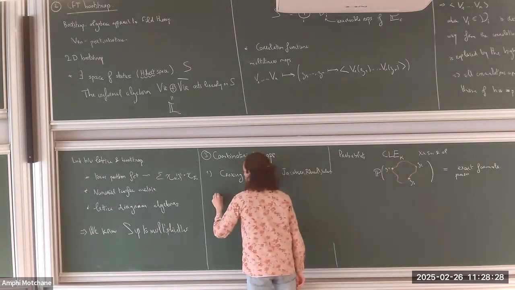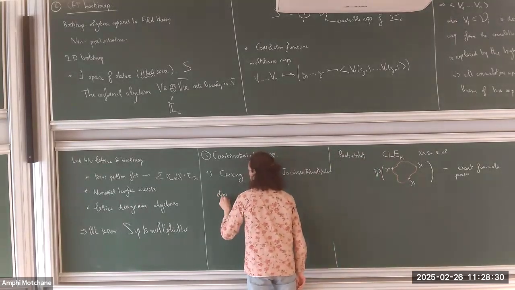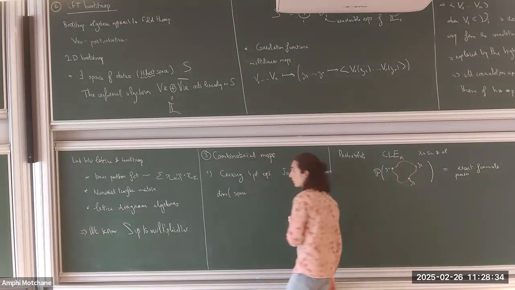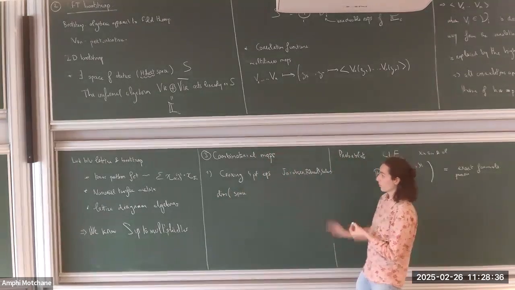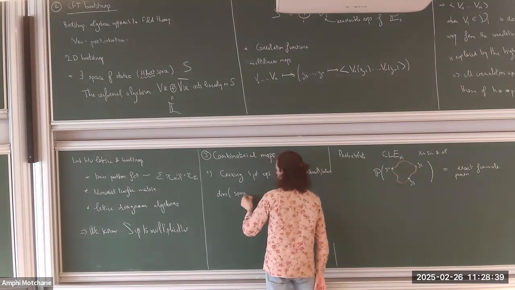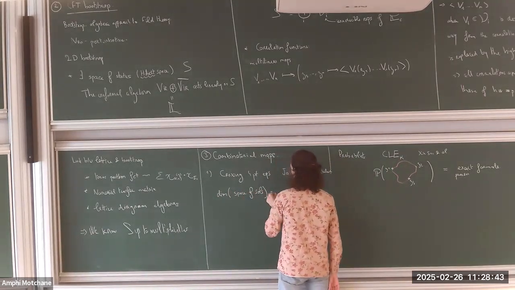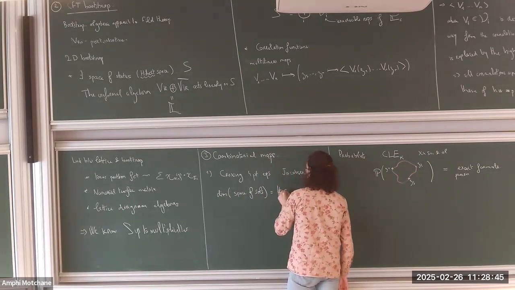The dimension of the space of solutions. So these are linear equations. Their space of solutions is a linear space, and it has dimension equal to the number of combinatorial maps.